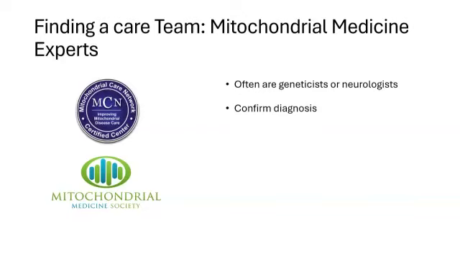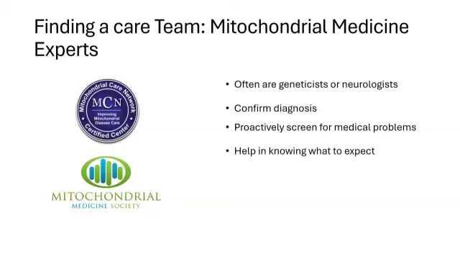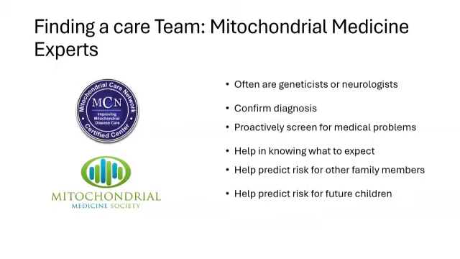That individual will help confirm the diagnosis and proactively screen for other medical problems and help you know, to the best of our ability, what you might expect. And as I mentioned, predict risk for other family members. Having a mitochondrial expert is also really helpful in knowing what is the latest and the greatest in the field as far as clinical trials or new standards of care and innovation.